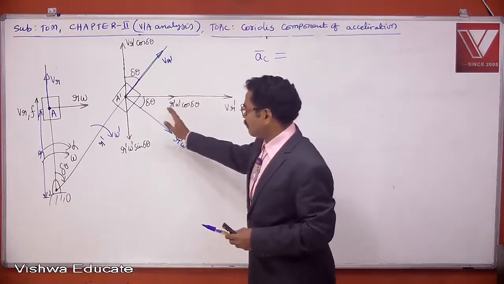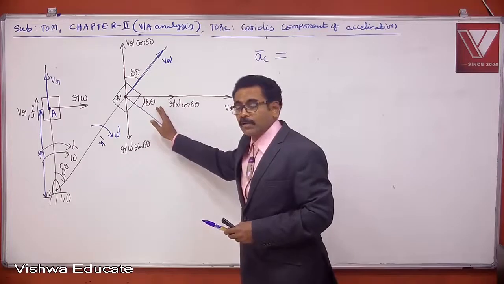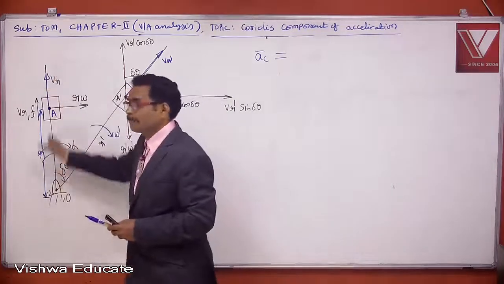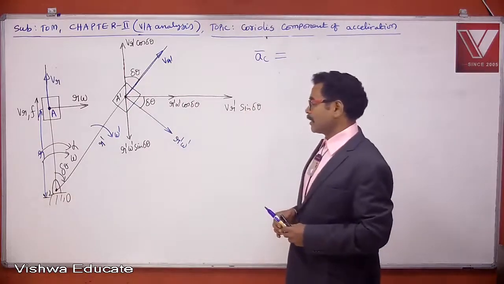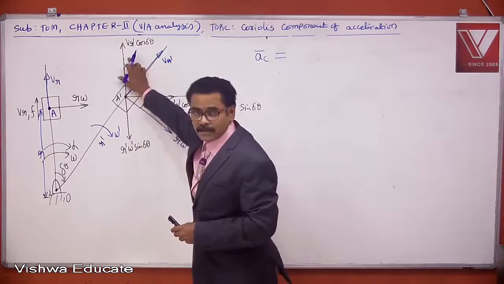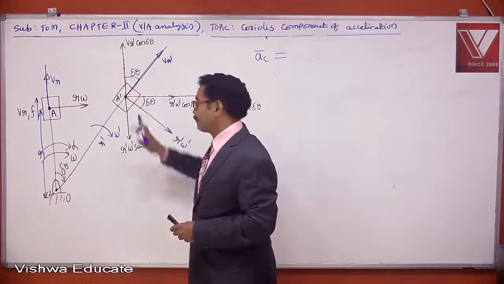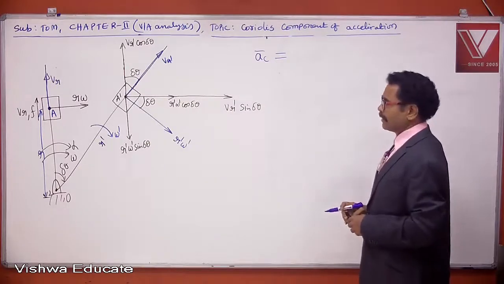Tell me, here, which velocity component is acting parallel to link? This is the link. What velocity vectors are acting parallel to link? This is acting parallel to link. This is also acting parallel to link. So there are two velocity vectors acting parallel to link.